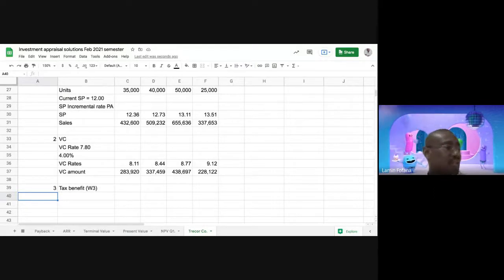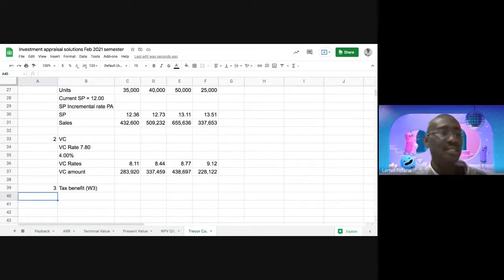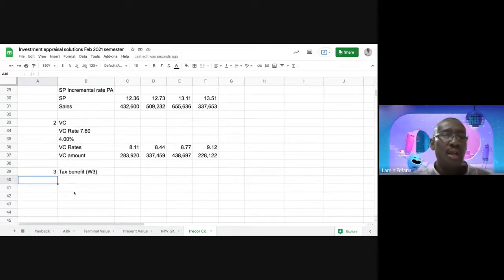No difference. Whatever capital allowance we have, we calculate our tax on it, and that will be our tax benefit.